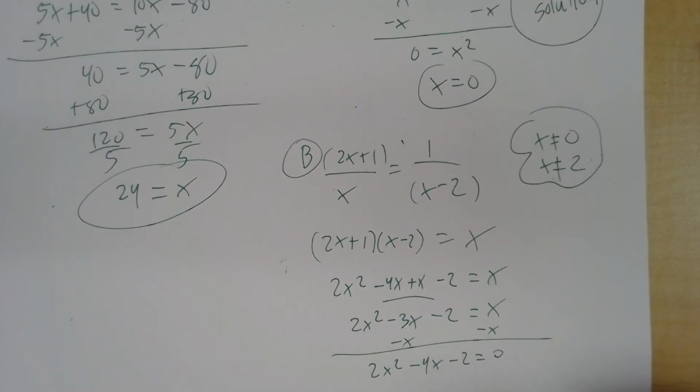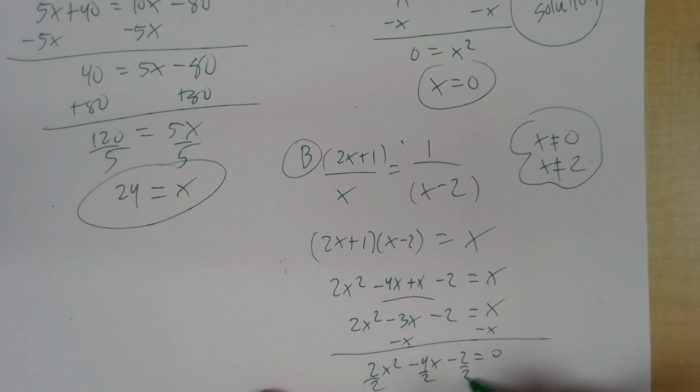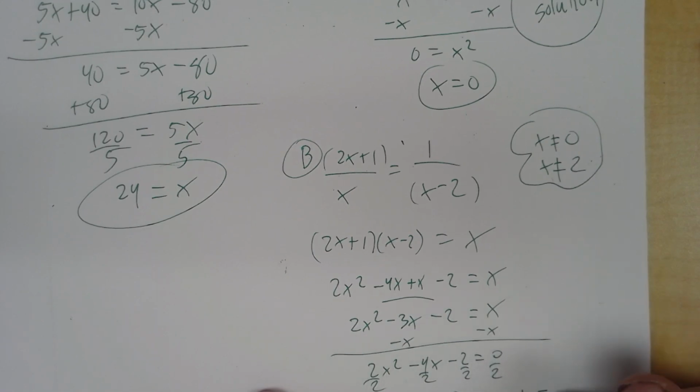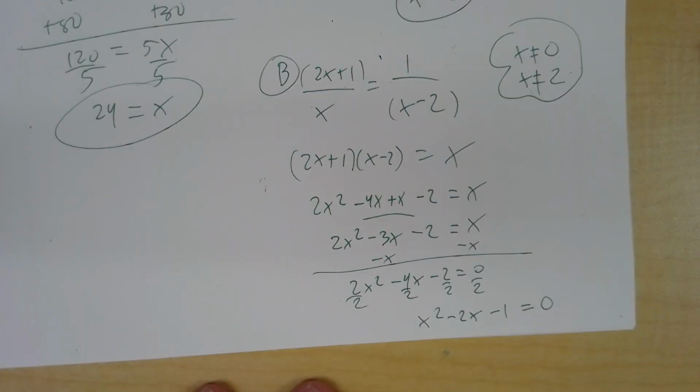Now I'm going to show you a trick here. We're going to divide everything by 2 to make it simpler to factor. So we get x squared minus 2x minus 1 is equal to 0. And I believe this has no solution to it.